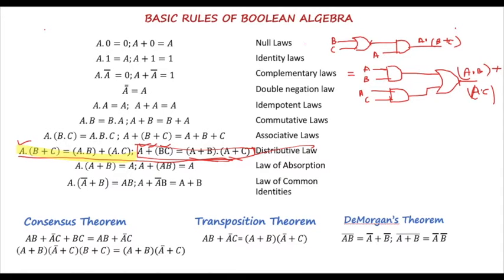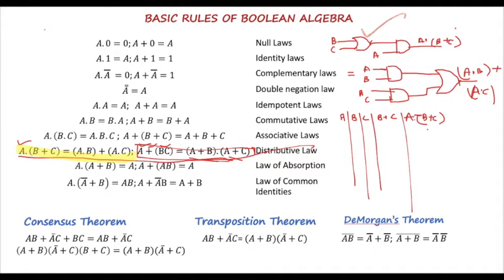Now let me discuss this circuit using truth table. Here you can see B and C are ORed together.